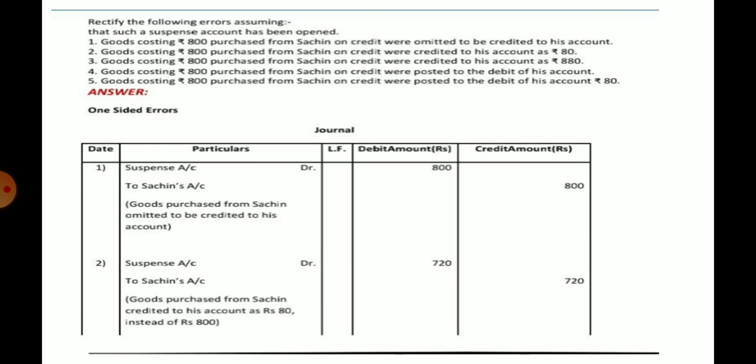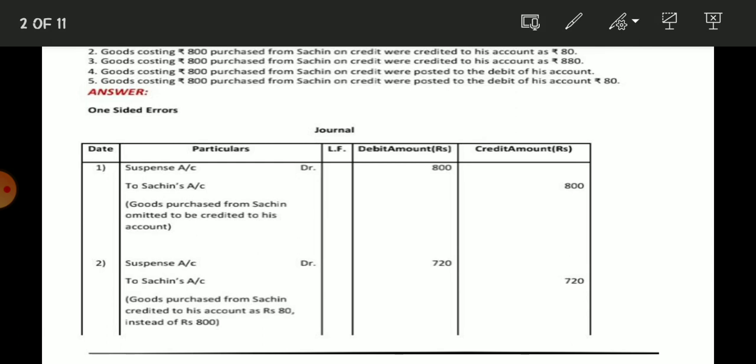Okay, so let's start. First is goods costing 800 purchased from Sachin on credit were omitted to be credited to his account.